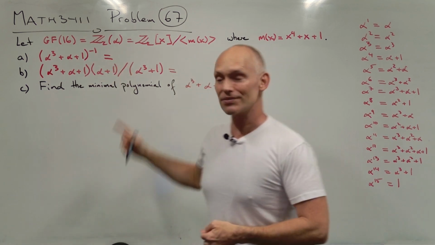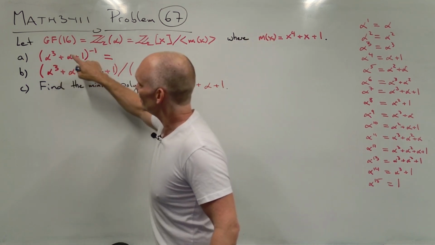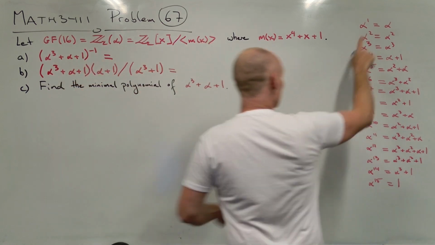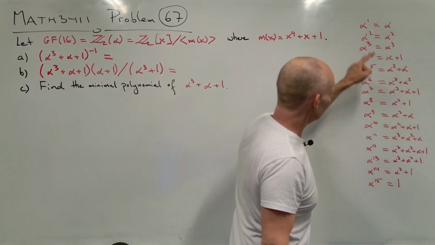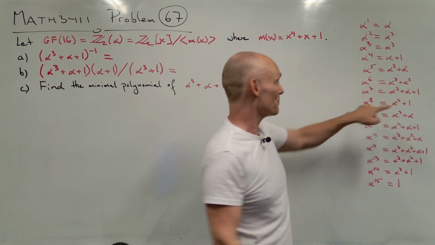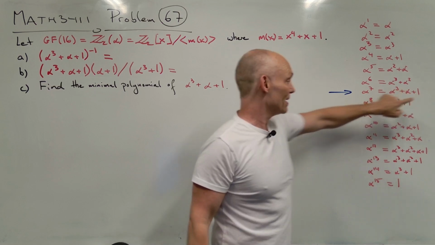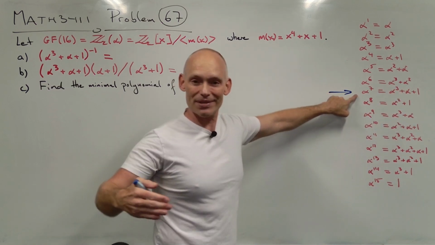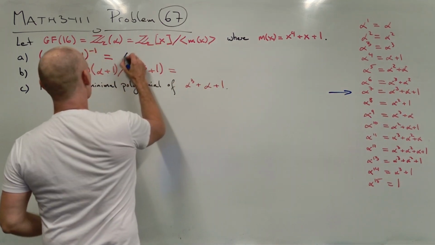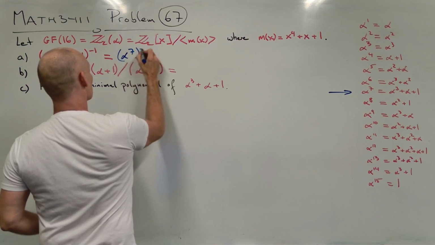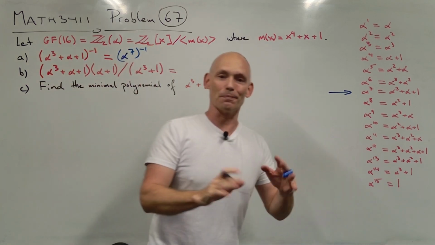But here we've got a table. So we've got alpha cubed plus alpha plus 1. We can look at the table and say, where is it? Alpha cubed plus, here it is. Cool. So this is alpha cubed plus alpha plus 1. That's actually just the same as alpha to the power of 7. So this is talking about alpha to the power of 7 inverse. Okay, cool.